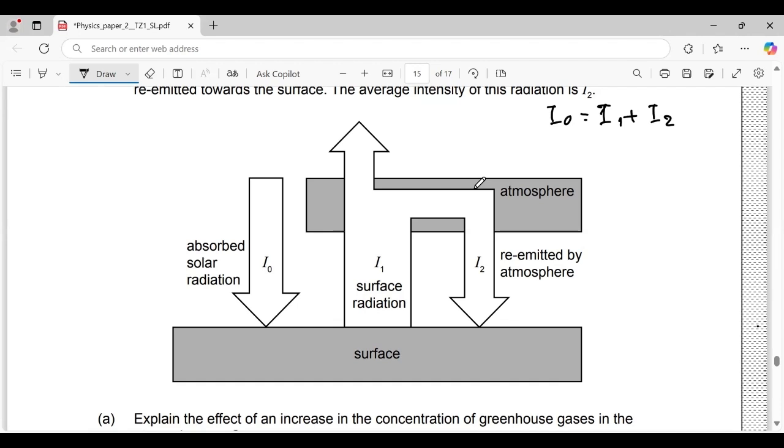Based on this diagram, I1 equals I0 plus I2.